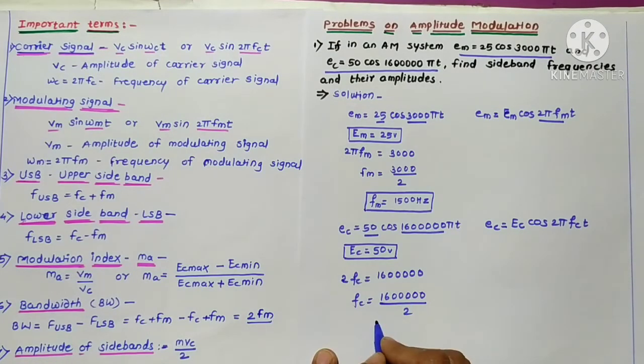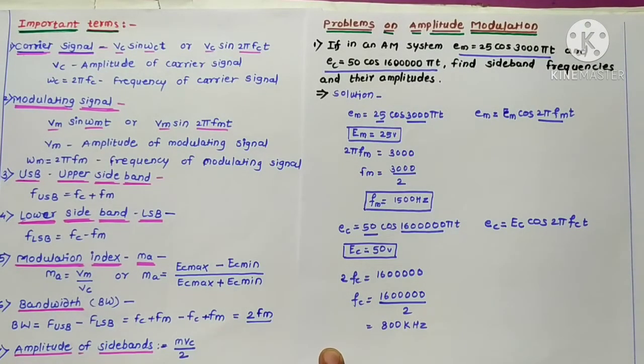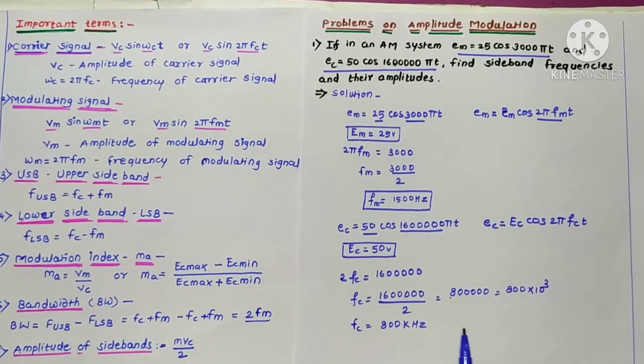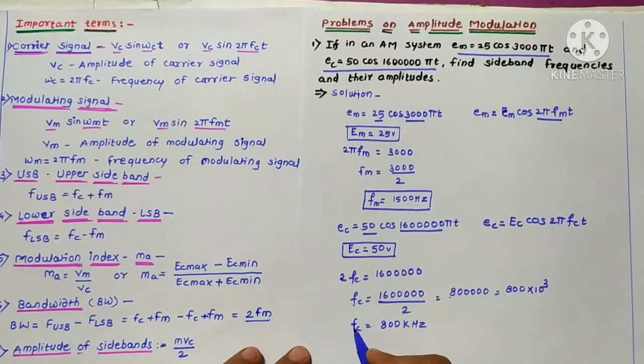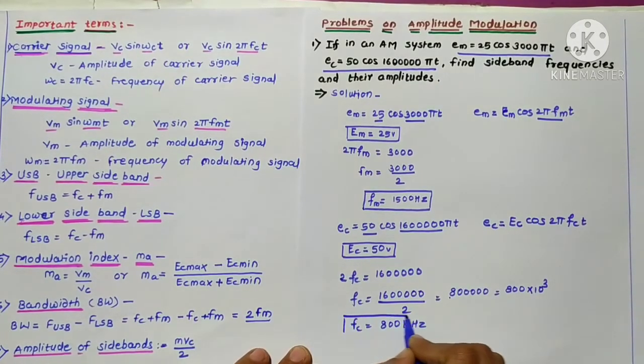So we'll get 800 kilohertz. Okay students, here dividing this 16 lakh by 2 we get 8 lakh, and this 8 lakh is converted into 800 kilohertz in this way. Okay students, so don't confuse. So this is Fc.